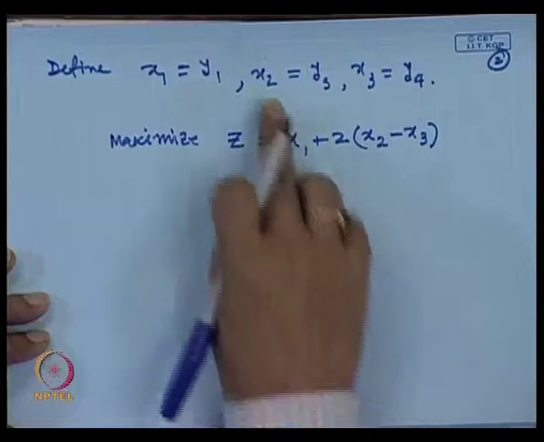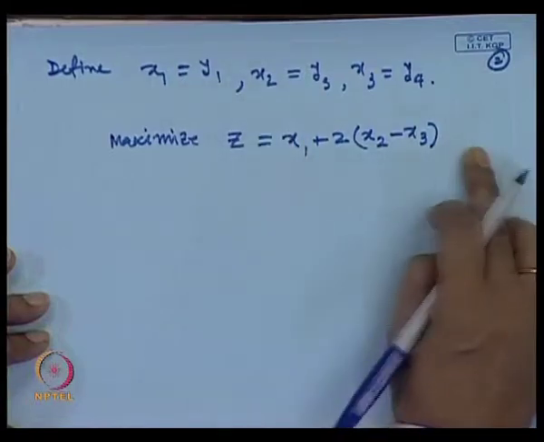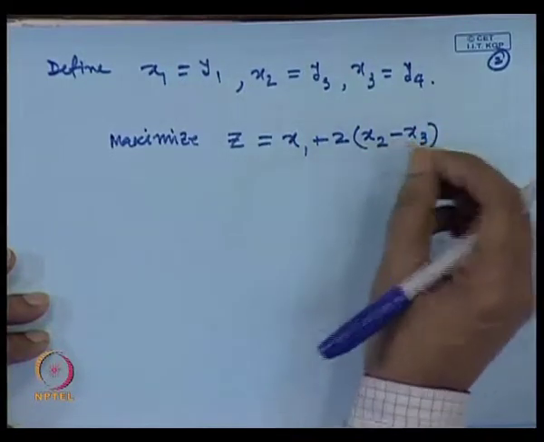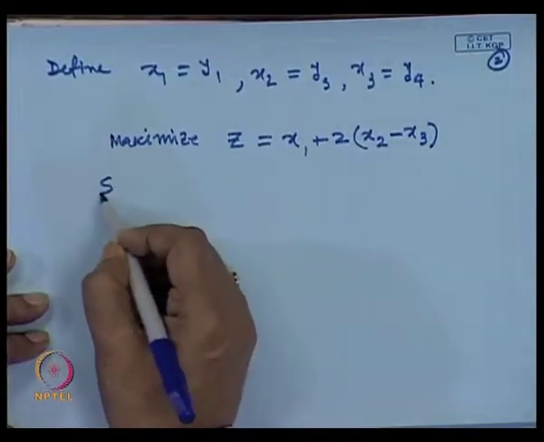Agree? So, this is our objective function in terms of the new variables x 1, x 2, x 3.